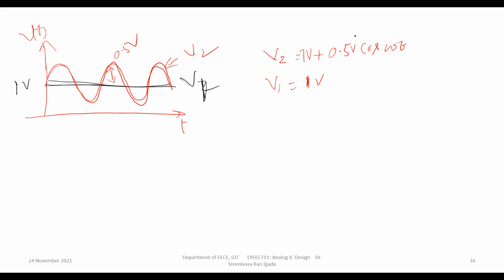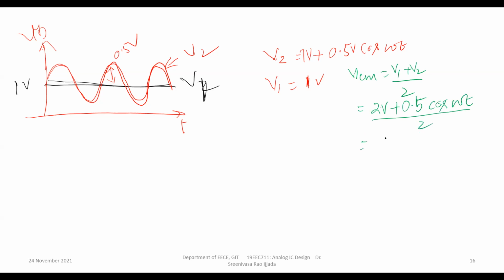Then what is the VCM? The VCM formula is V1 plus V2 by 2. How much will we get? 1 added to the 1 plus 0.5 cos omega t, that is 2 volts plus 0.5 cos omega t, by 2. Am I correct?